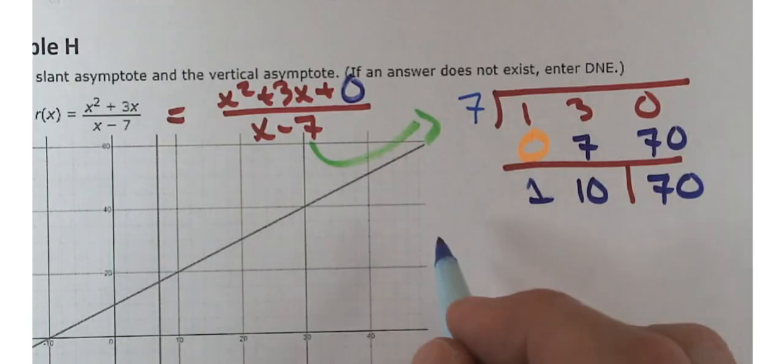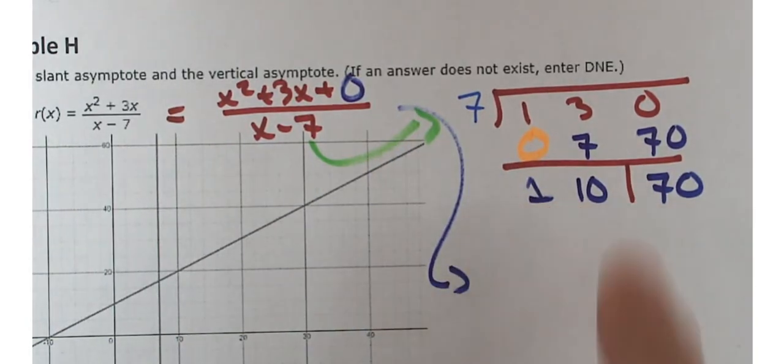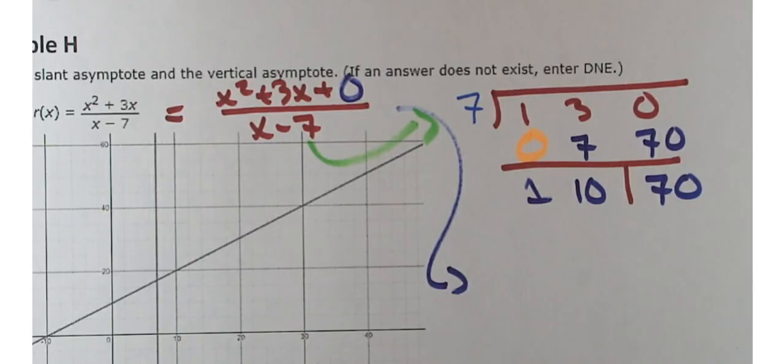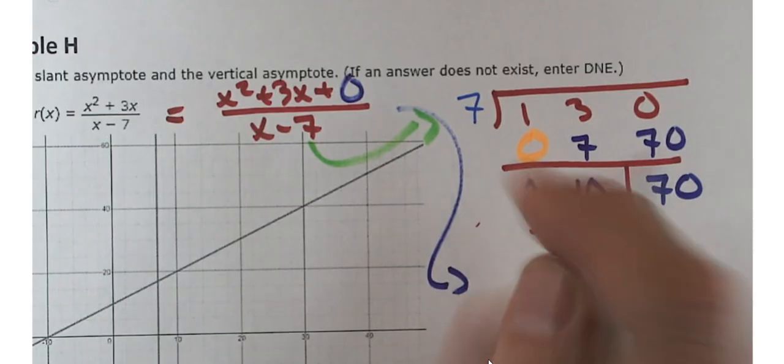It says I can rewrite this. How? What does this mean for me in terms of a polynomial and a remainder? x plus 10, remainder 70. Nice, well done. Remember, this is your constant term. That's your coefficient of x, and then x squared, etc. The rest of these are 0.